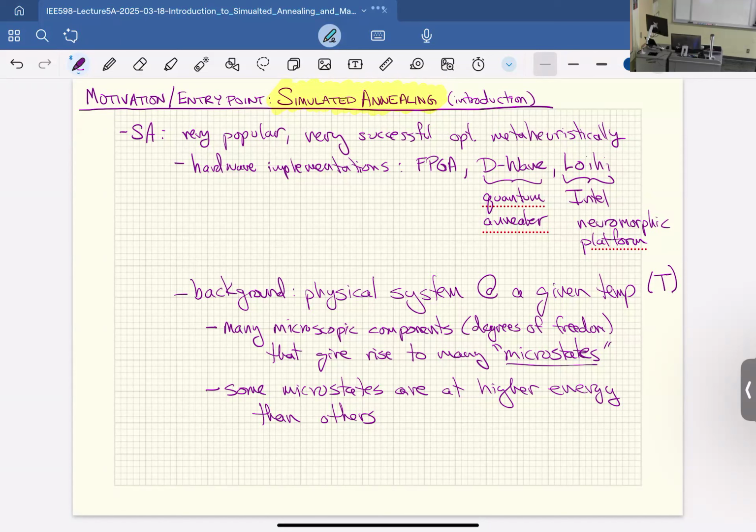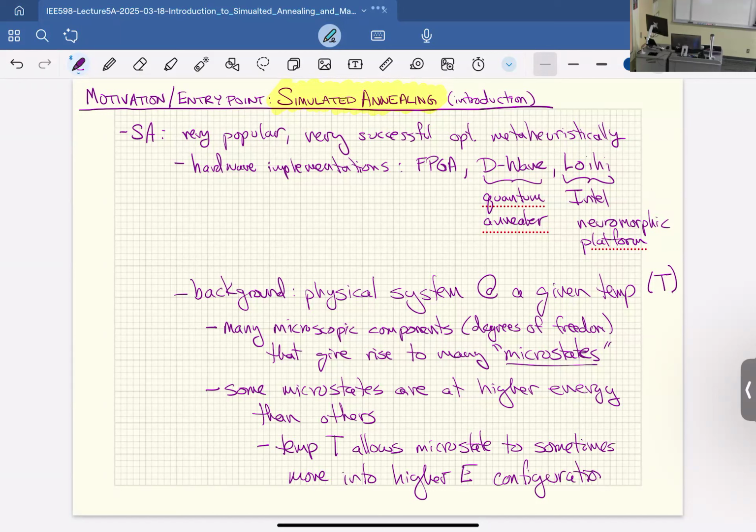So some microstates are going to be at lower or higher energy than others, and the temperature T allows the microstate to sometimes move into higher energy, I'll say higher E configurations, and then back down.